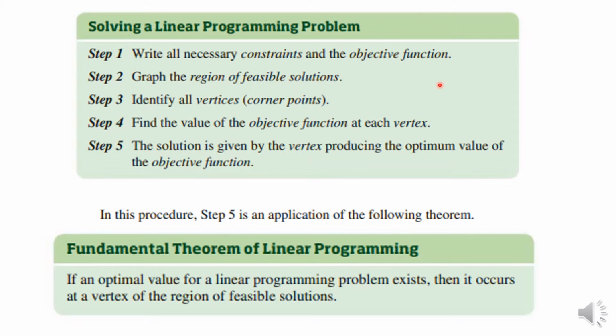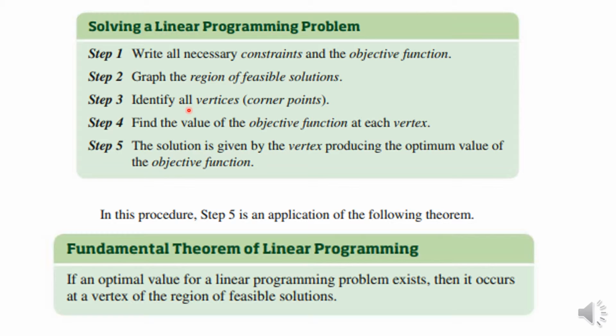And now we're going to talk about solving a linear programming problem using these ideas. First of all, we have to identify what are the constraints that we have in the problem. There always are constraints. We have to say what is our objective in the problem. We draw the graph of the constraints, and that forms a region of feasible solutions.